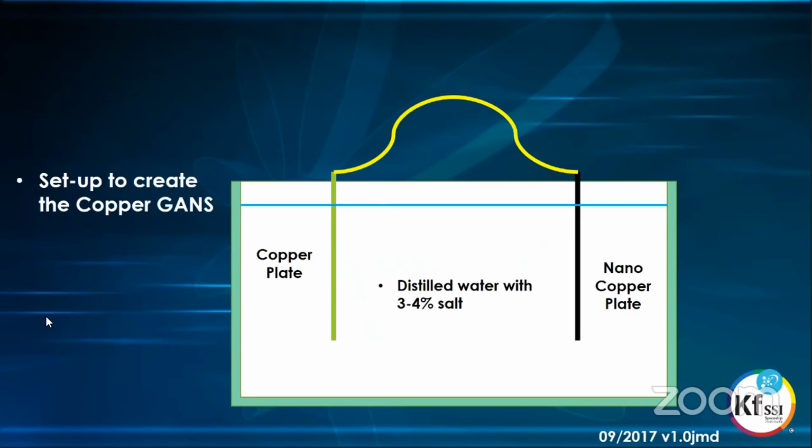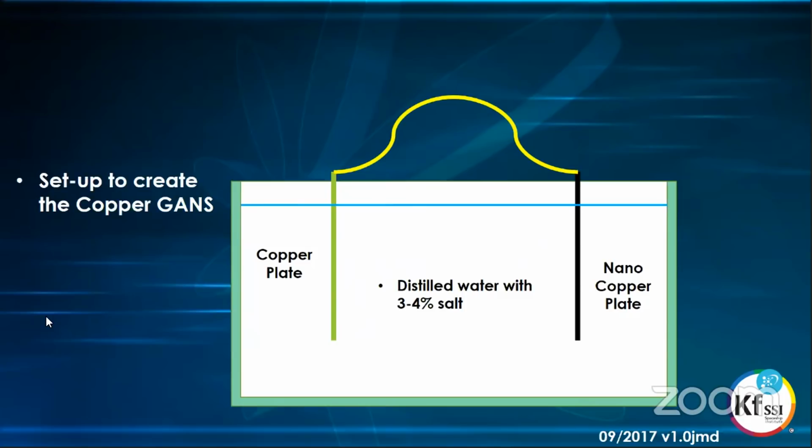So optionally, you can put an LED between the 2 plates here too. It's not always necessary, but it slightly adjusts the current limits to very small values. Yeah, we find that when we've done one with an LED and one without, you can tell the difference between the two. The one with an LED, because it's much slower, it's a softer, fluffier copper GANS.